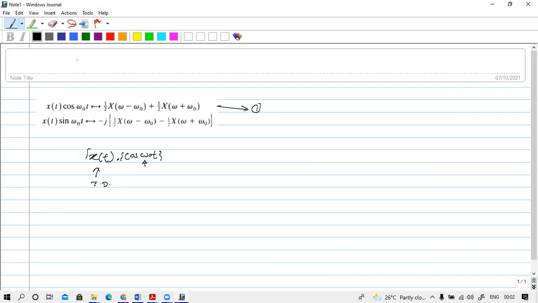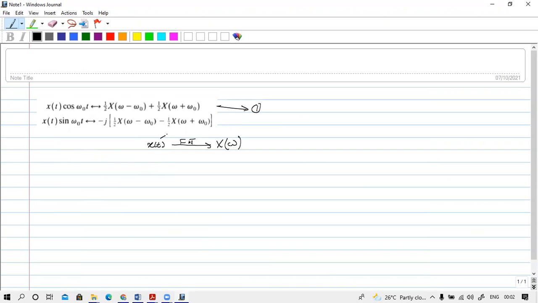Okay, so let's see how to do it. You can see that we have been given an identity here. It is not mentioned, but we are given a fact, that is, if we have any time domain signal xt and we get the Fourier transform, it is capital X omega.